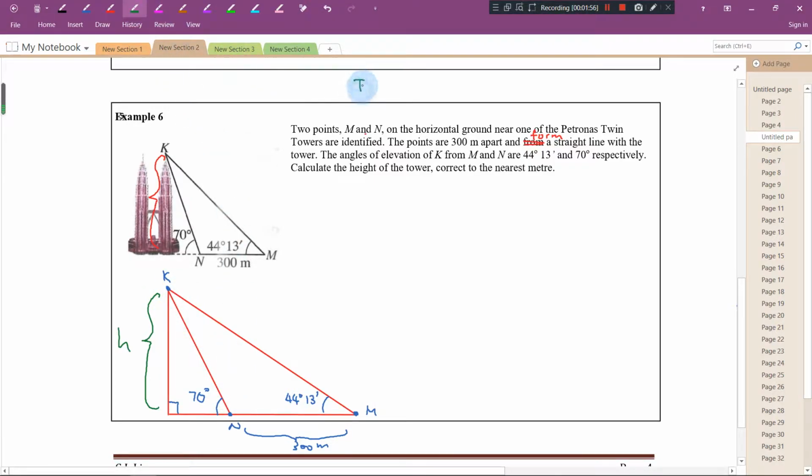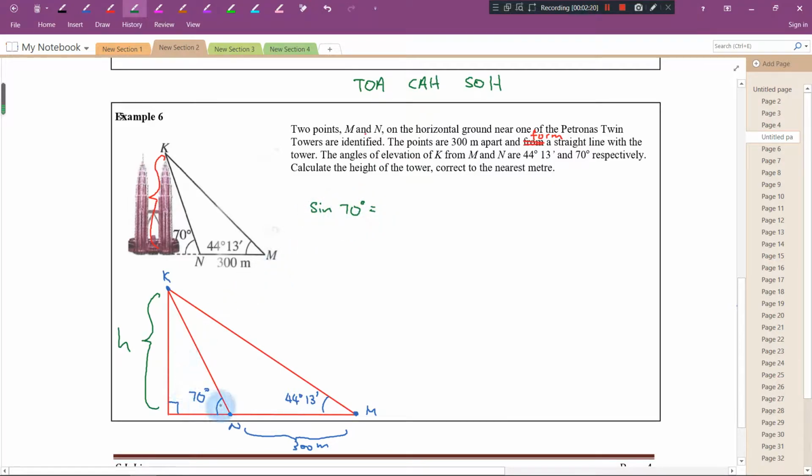I hope you still remember this: Tangent is equal to opposite side divided by the adjacent side. Cosine is equal to adjacent side divided by the hypotenuse, and sine is equal to opposite side divided by the hypotenuse.